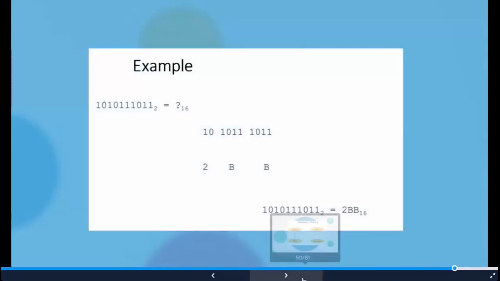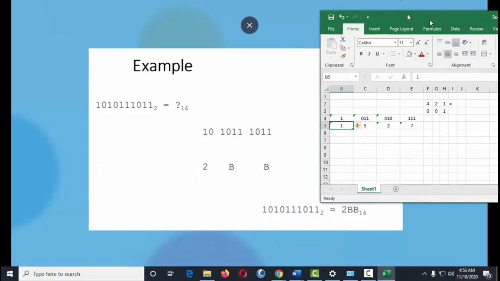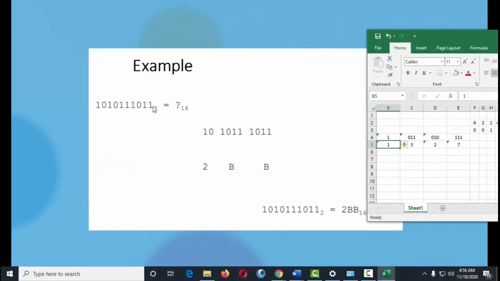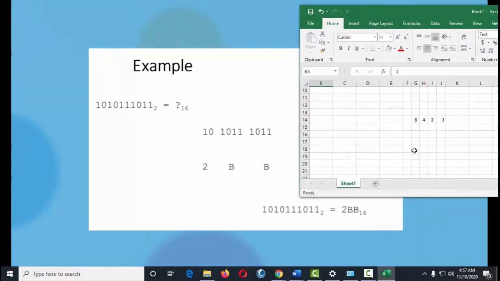So the example here: again, you always start from the right, so you group it by 4. 1, 2, 3, 4, this group is here, and then 1, 2, 3, 4, another one, and then this one. After grouping it, you convert each group to its equivalent in hexadecimal. So let's have that example here.